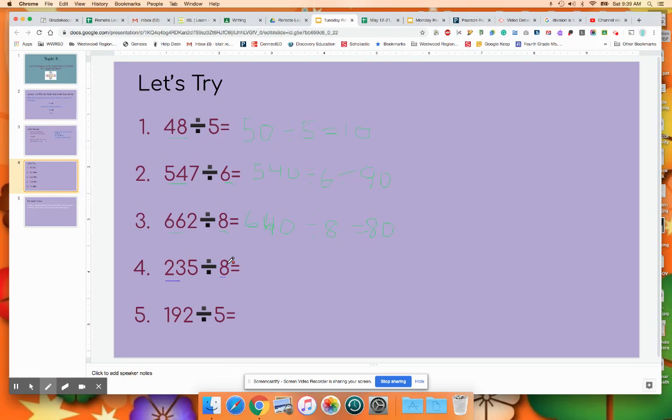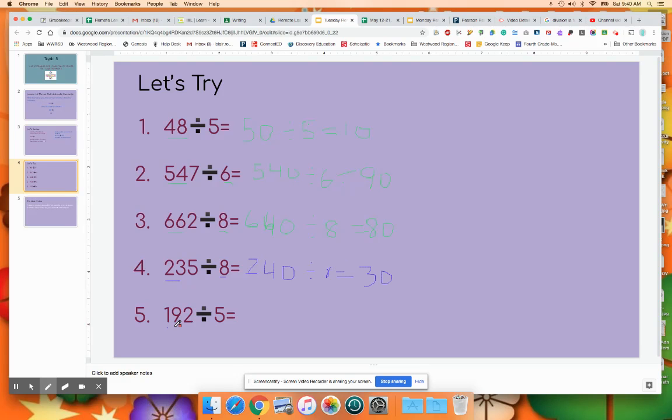All right, 235 and 8. 23 and 8 are not in the same fact family, but I know 24 is really close to 23, and it's in 8's fact family. So I'm going to go with 240 divided by 8. 24 divided by 8 is 3, so 240 divided by 8 would be 30.